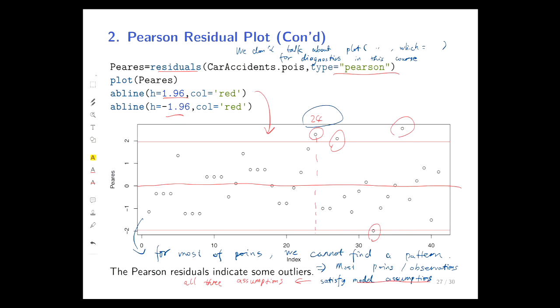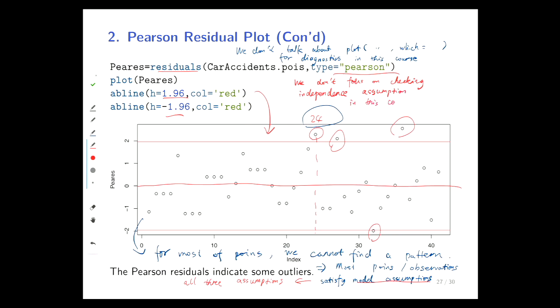I think is not emphasized in this course, the independence assumption. So I think we do not focus on checking the independence assumption in this course.